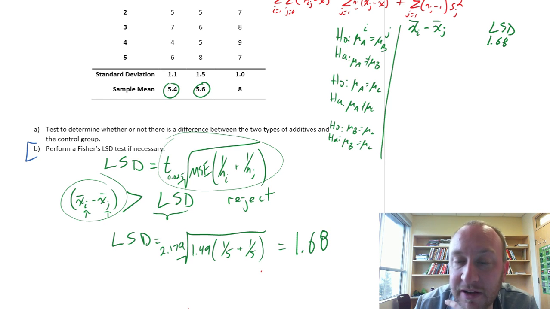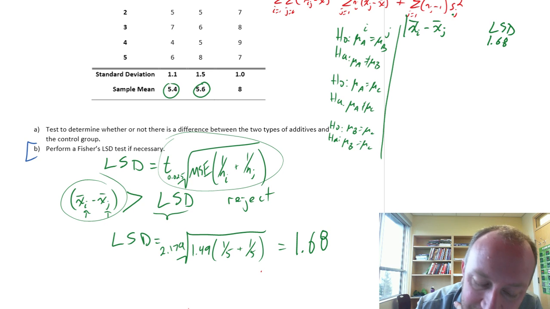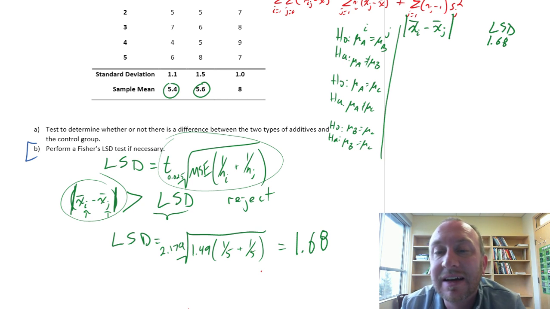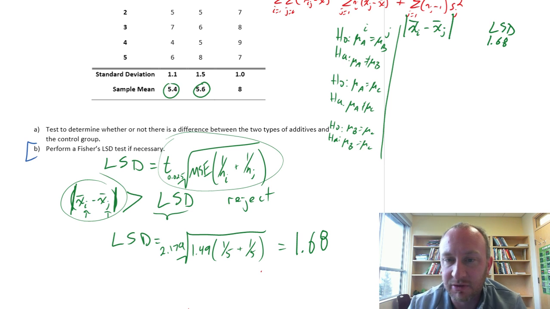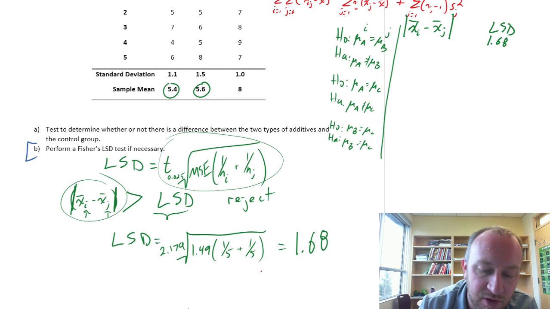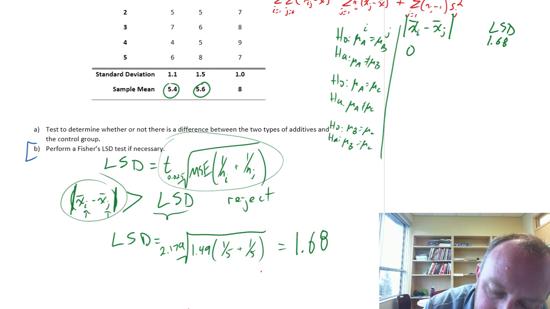I forgot to mention one thing. We compare the absolute value of that point estimate against the LSD, so we're just looking at the magnitude of that difference. So this first one, 5.4 minus 5.6, that's just going to be 0.2.